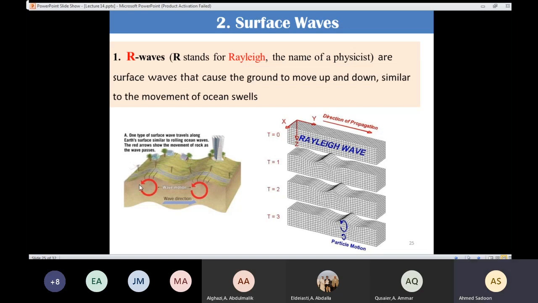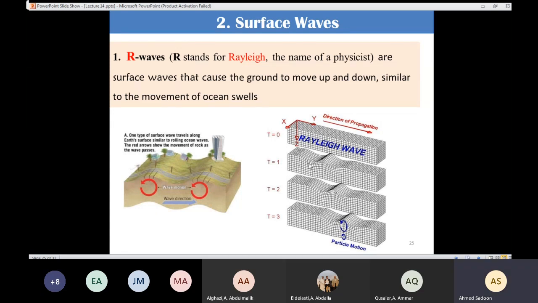And the rock itself is going to move in a circular rotation, an anti-clockwise circular rotation. If this one is the wave direction, then the rocks beneath the Earth's surface are going to move like that. If you put it in a model like this one, if this is the reference model, when t equals 0, when t equals 1, the surface is going to be like that.